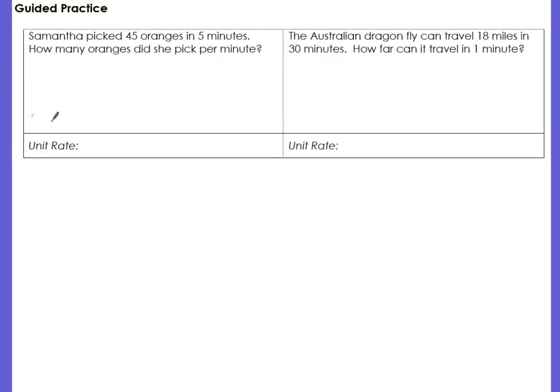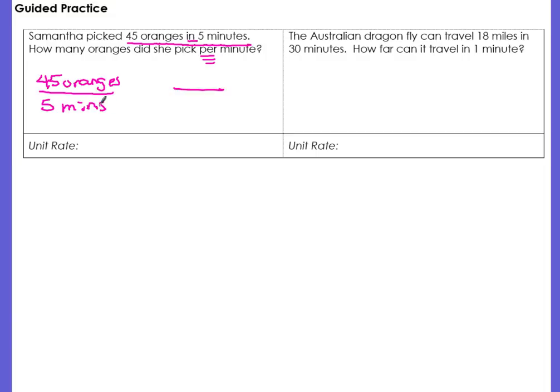So let's do some practice problems. Samantha picked 45 oranges in 5 minutes. Okay, this is your rate. 45 oranges in 5 minutes. We want to know how many oranges did she pick per minute. So we want to take our rate and find the unit rate. So we write the rate first. It's going to be 45 oranges over 5 minutes, that's our time. That goes in the denominator.